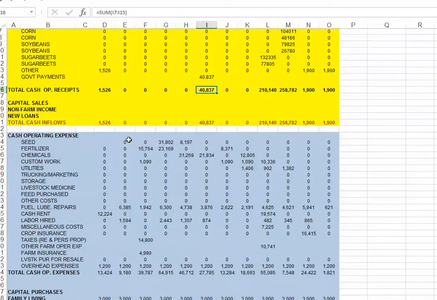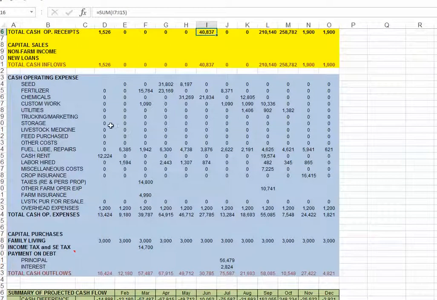Okay. In the blue box down here are estimated expenses. Now, of course, the estimated expenses are simply going to come from previous years, but you might have to adjust those for newer prices. So, for example, this particular cash flow projects a seed cost, and that's January, February, March, April, and that number is simply going to be quantity times a projected price.